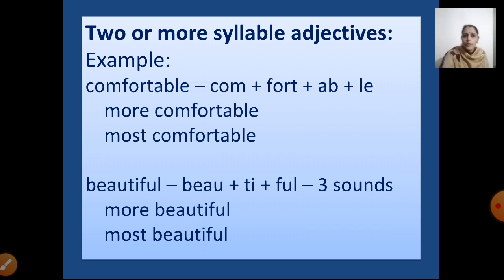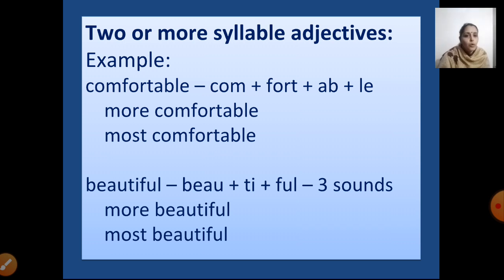So in comfortable there are more than two syllables, so I'm going to use more or most. In the comparative degree, I'll use more comfortable. In the superlative degree, I'll use most comfortable.